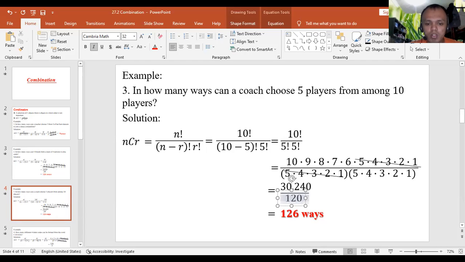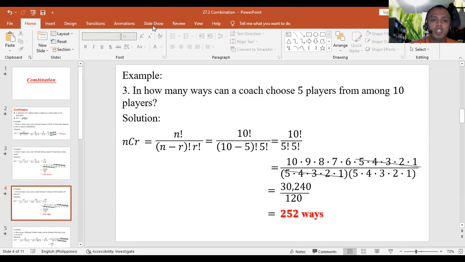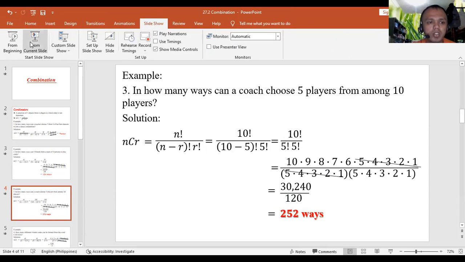Now, 30,240 divided by 120 is equal to 252. So we have 252 ways to select 5 players among 10 players.